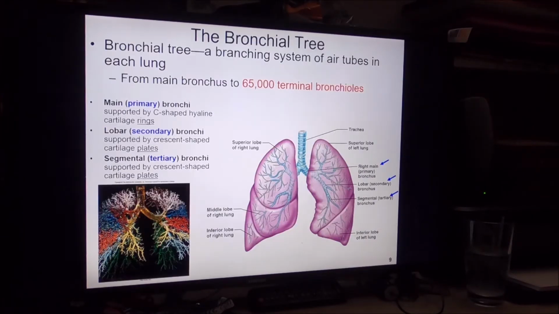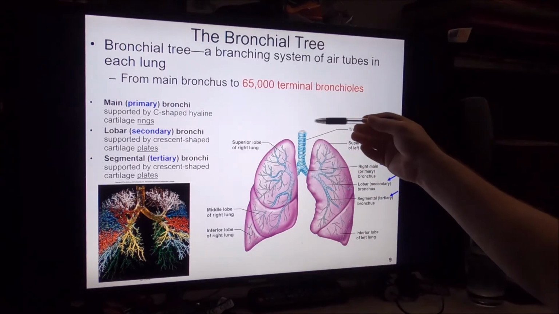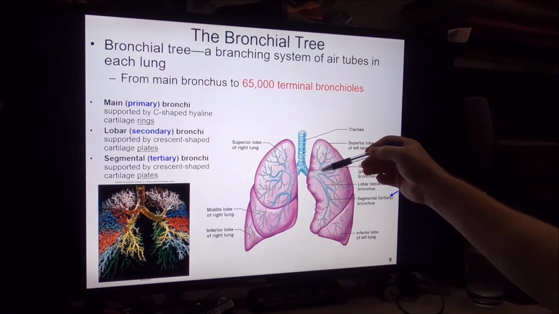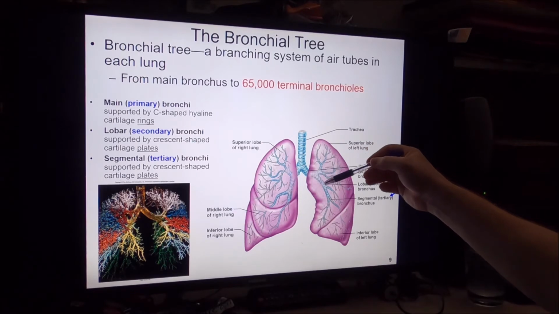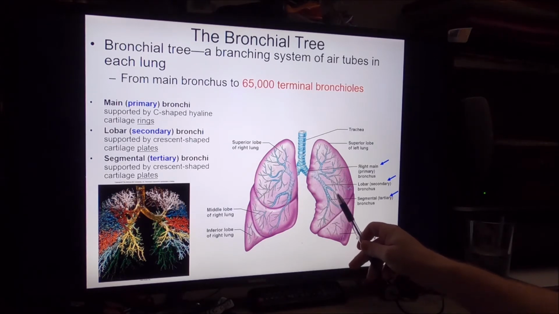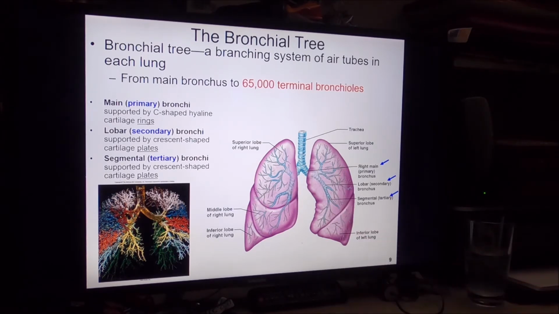Some pretty neat stuff. All right, the bronchial tree. So you've got your trachea coming down, and then that's going to become a primary bronchi. Primary branches to form secondary bronchi. Secondary bronchi branch to form tertiary bronchi. And then we go down to the bronchioles.